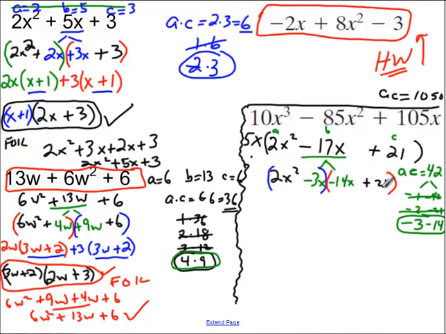And by the way, if you remember from the last video, if negative 3 and negative 14 are your factor pairs, and you put negative 14 here and negative 3 here, it's not going to make a difference. So don't worry about which one goes where, because eventually, if you do it correctly, you're going to get to the same spot.